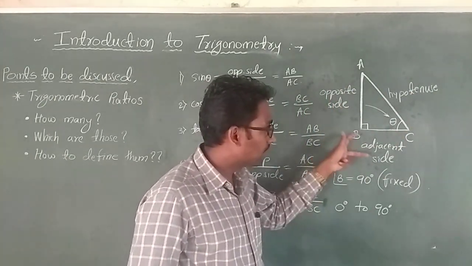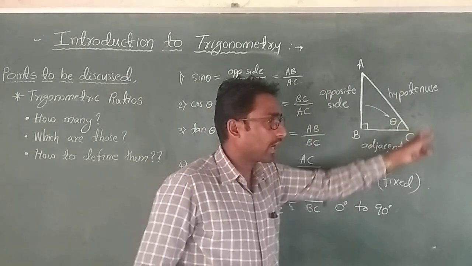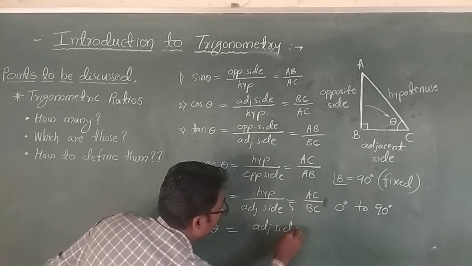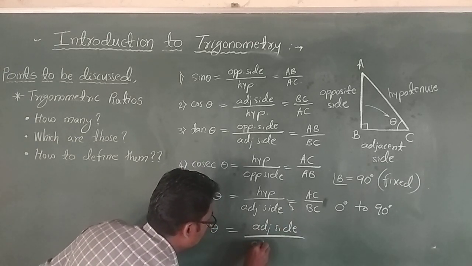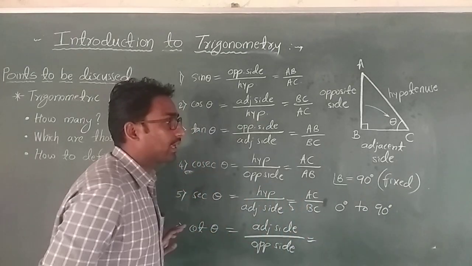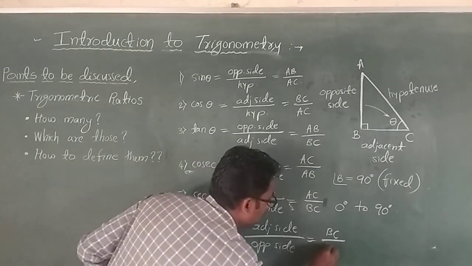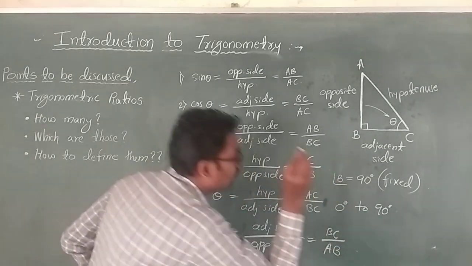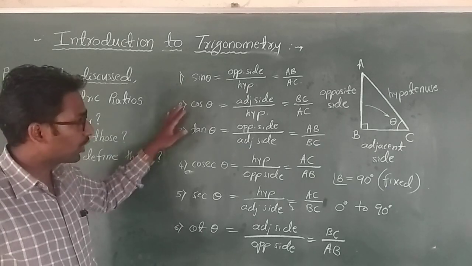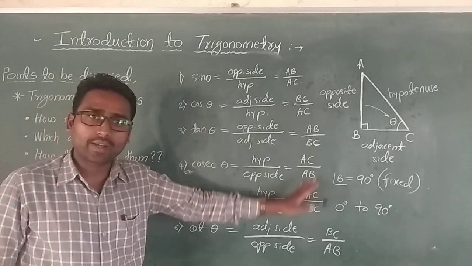I repeat, the ratio of adjacent side to the opposite side of a triangle. In the diagram, adjacent is BC and the opposite is AB. So this is how the 6 trigonometric ratios right from sine to cot are defined.